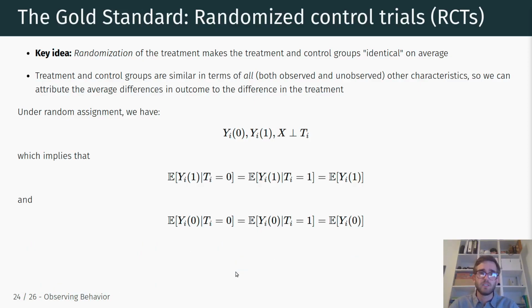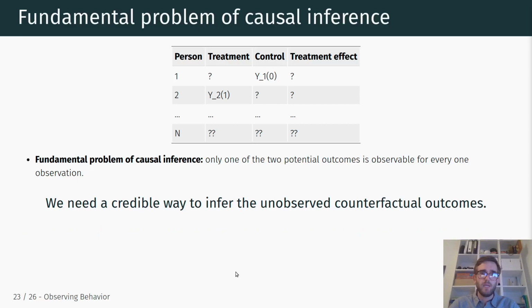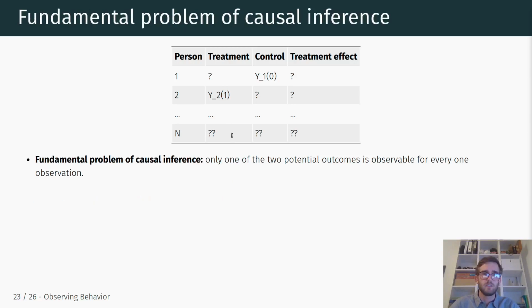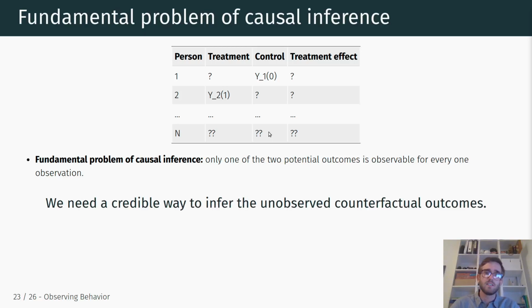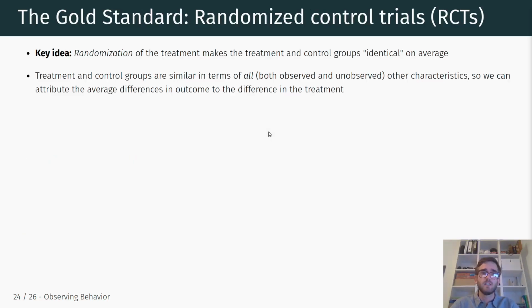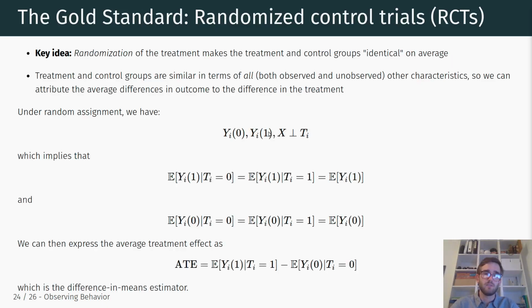And this is simply the difference in mean estimator, basically just looking at the average of the outcome across all observations who were in the treatment, minus the average of the outcome of all observations that were assigned to the control. And since it doesn't matter for the potential outcomes whether someone was actually assigned to treatment or control, we can just average the observed treatment and control values and compare their difference to estimate the average treatment effect.